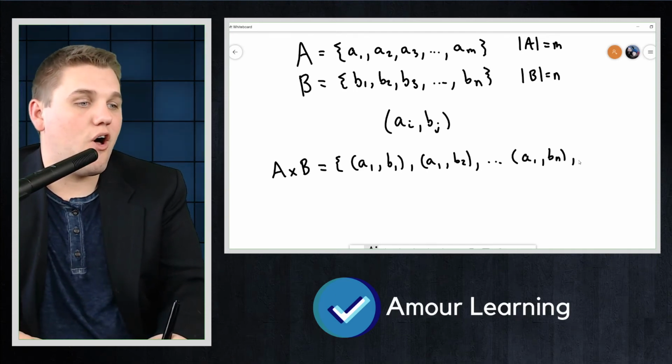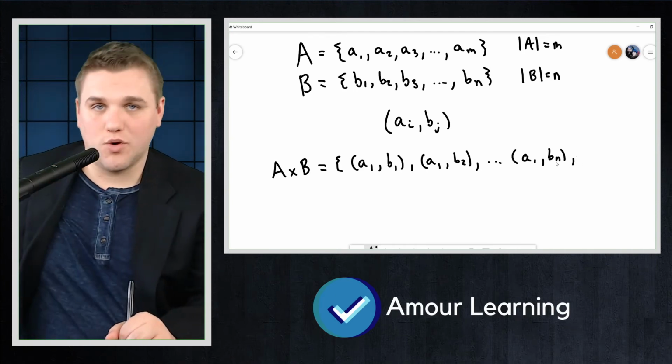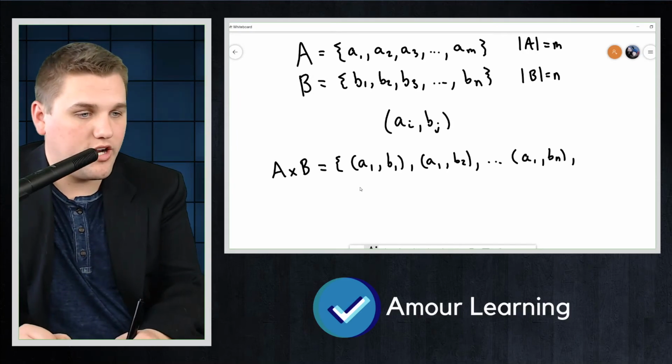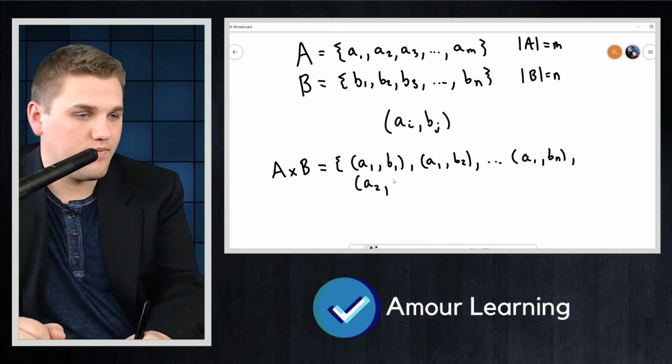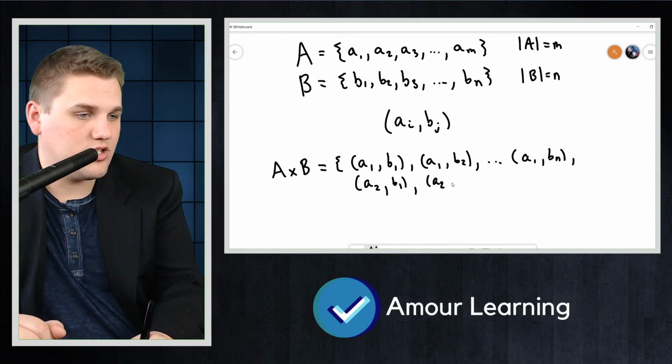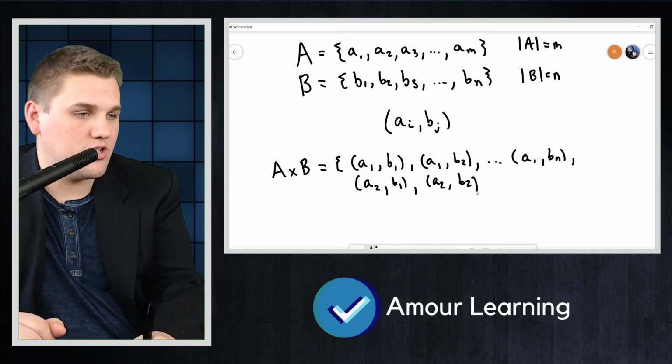So we listed off all of the coordinates with A1, and then we go to (A2, B1), (A2, B2), all the way up to (A2, BN).